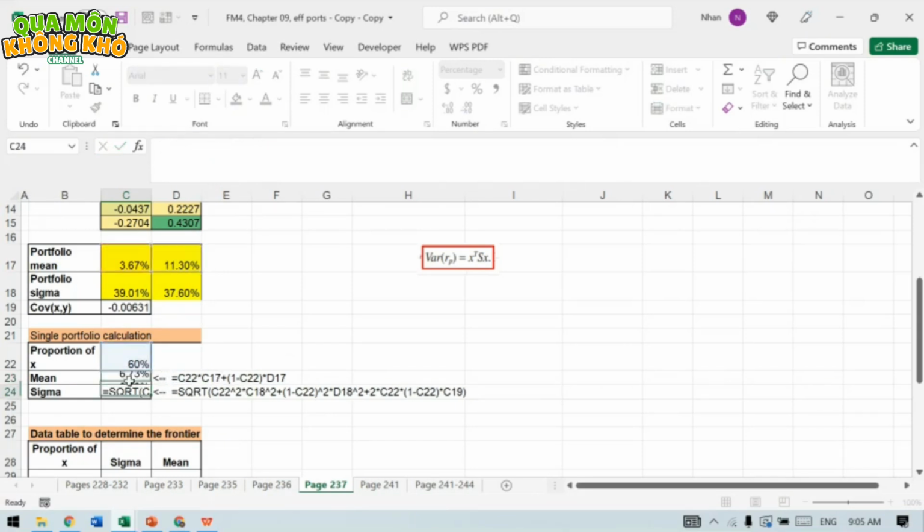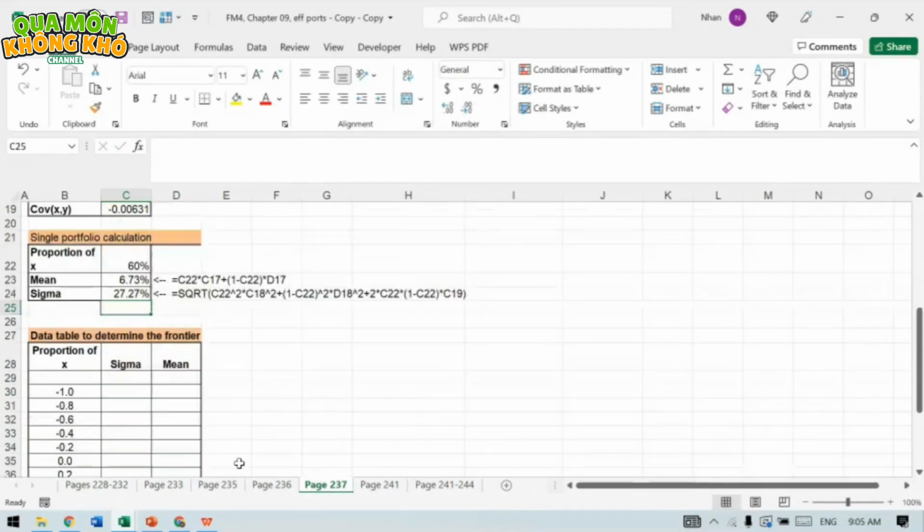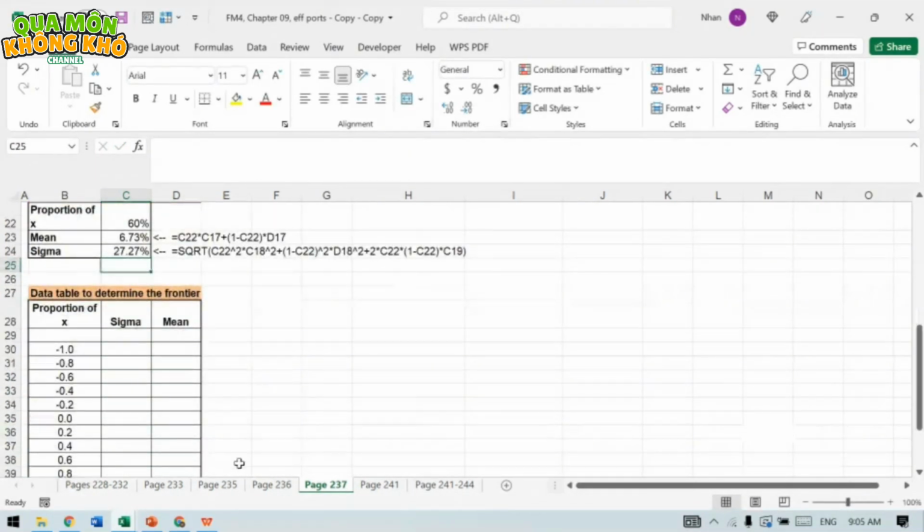And the sigma, I just take the square root of the variance, and you can see the formula here. And now I will vary the proportion of X and then find the sigma, the standard deviation, and the mean of the portfolio P. So I just put here the P and the mean here.